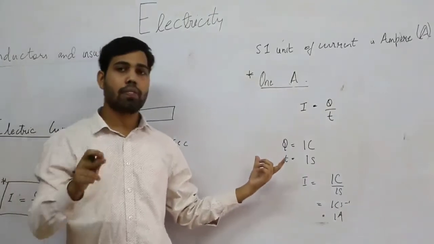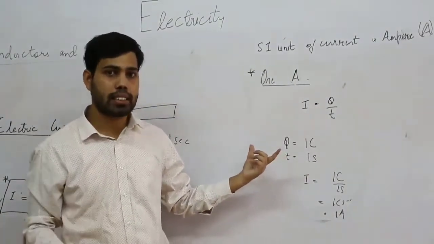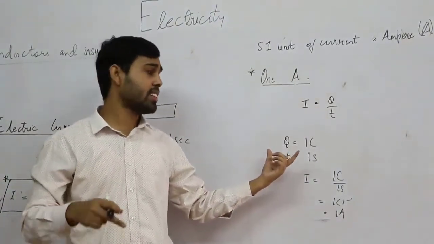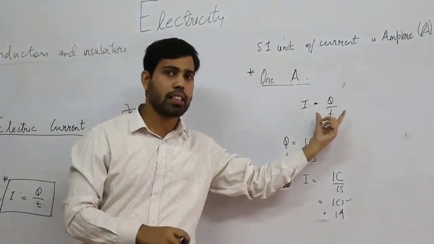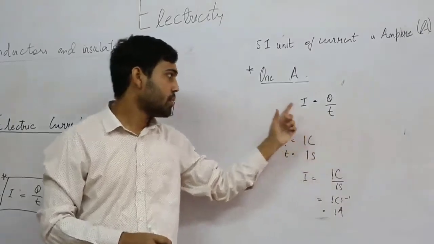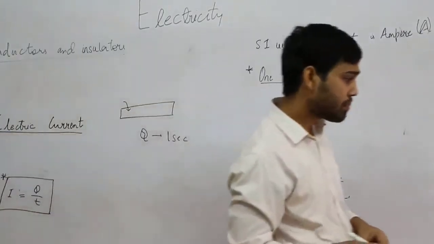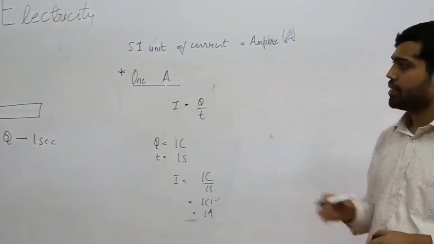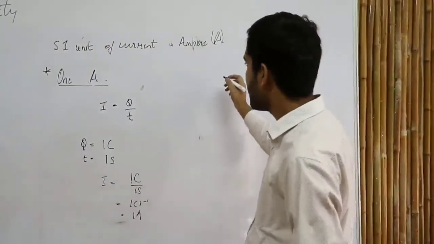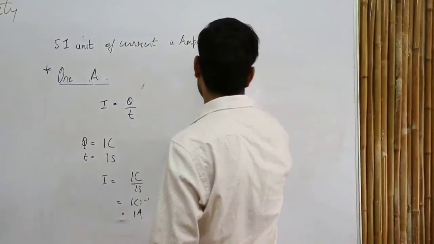It is the current flowing through a conductor when 1 coulomb of charge flows through the conductor in a time of 1 second. Keep in mind this definition is important. Again, I have other units of current other than the ampere. What else do I have? I have 1 milliampere.